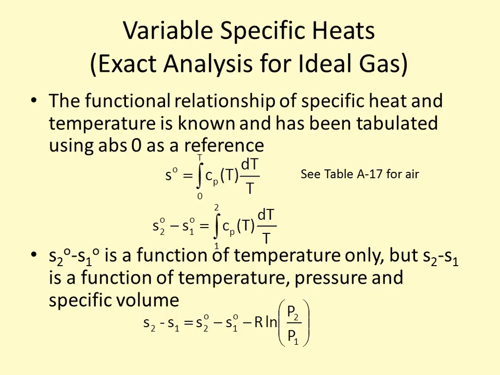Okay, similar to how internal energy and enthalpy for an ideal gas are a function of temperature only. But entropy is a function of temperature and pressure. So if we want to calculate the actual entropy now, what we have, S2 minus S1, for an ideal gas only, is equal to this reference entropy 2 minus the reference entropy 1 minus this factor here, which sort of corrects for pressure.